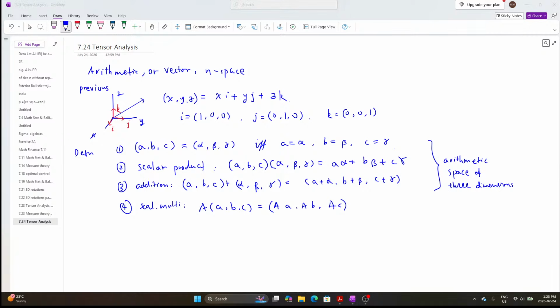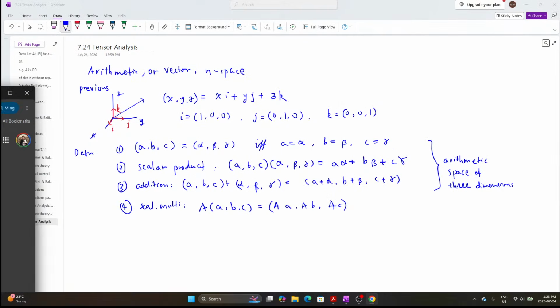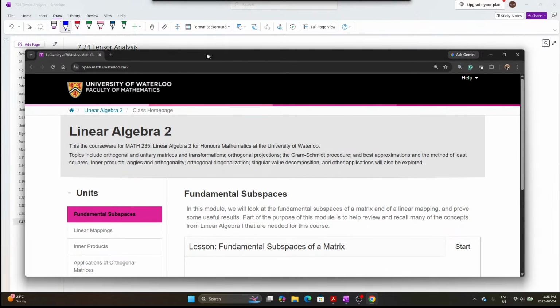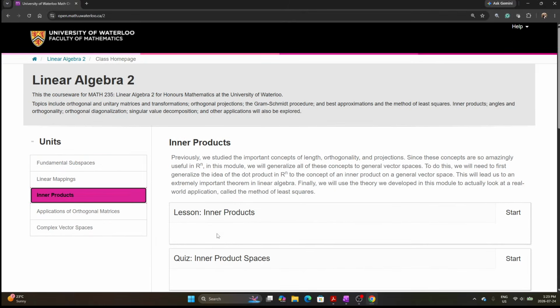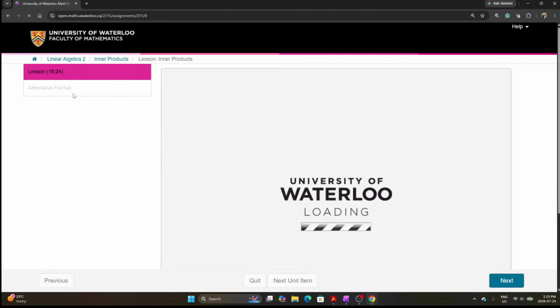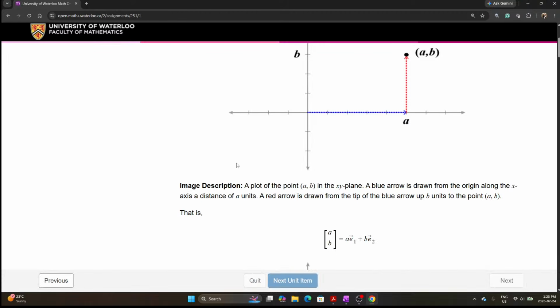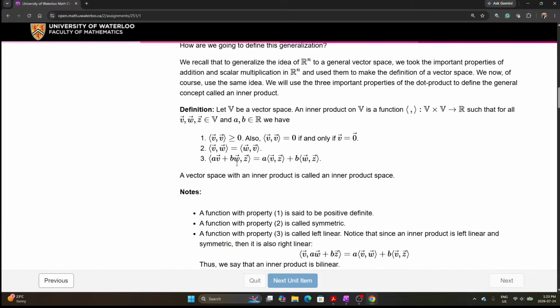My famous linear algebra module, University of Waterloo, linear algebra 2. This is typically how modern users use the term inner product. You start with an abstract vector space.